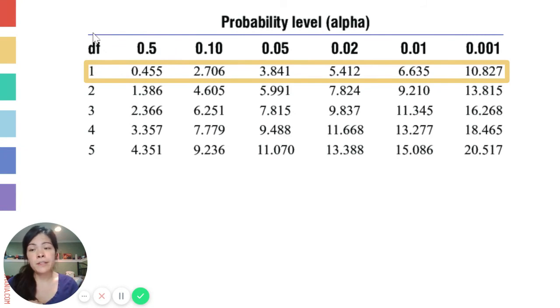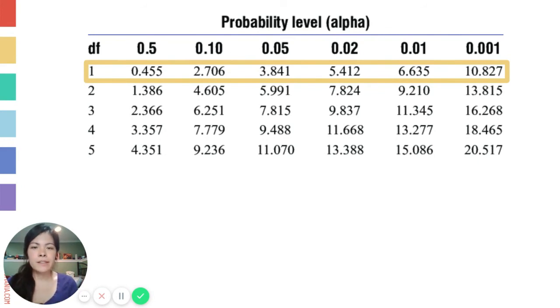Is it a 50% chance? Is it a 0.01, a 1% chance? So this is just saying, how likely is it that we get the actual data that we collected if the null hypothesis was true?